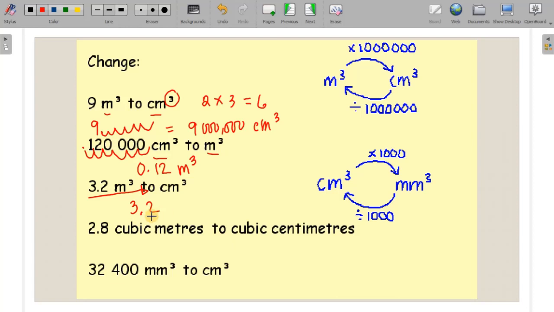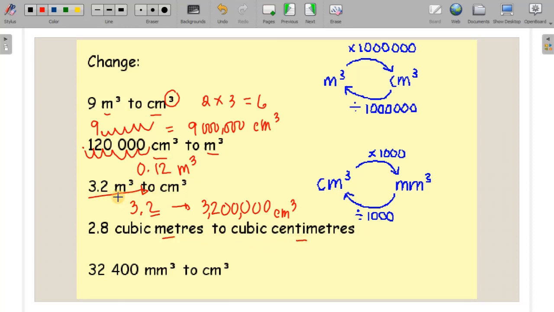If I have 1 digit here, how many more? 6, and I have 1 here, so 5 more steps. That will be 5 zeros. So the final answer is 3, 2, and then the 5 zeros. 3, 4, 5. So the final answer is 3,200,000 centimeter cube.